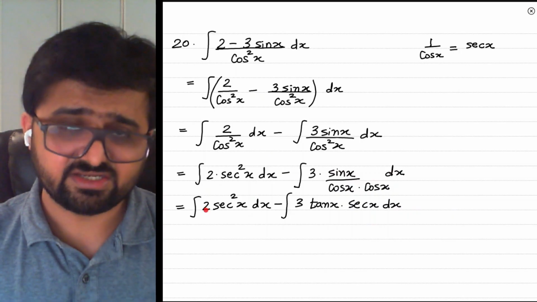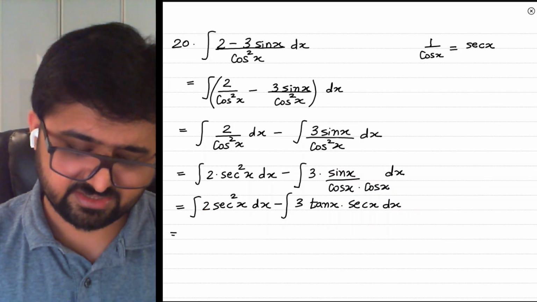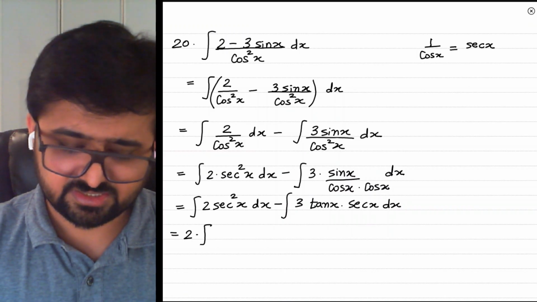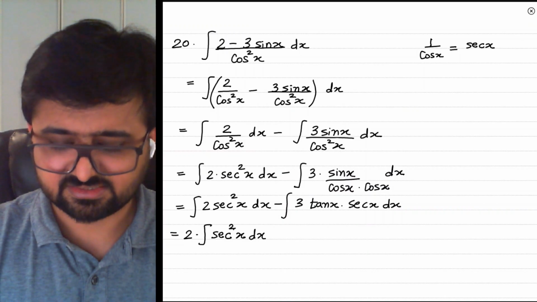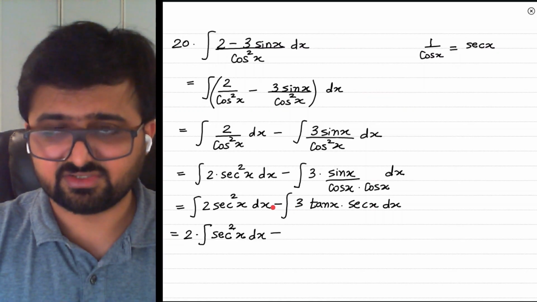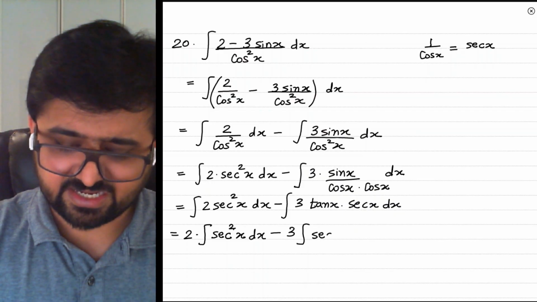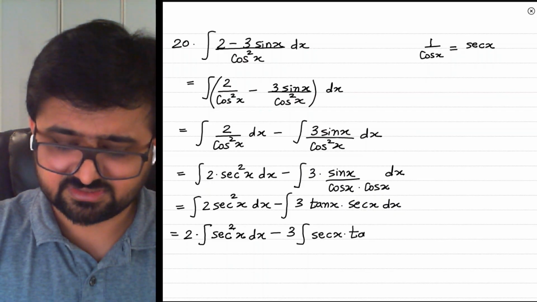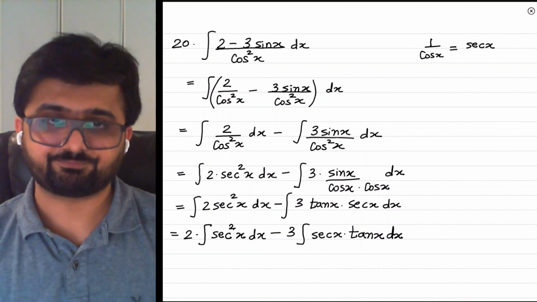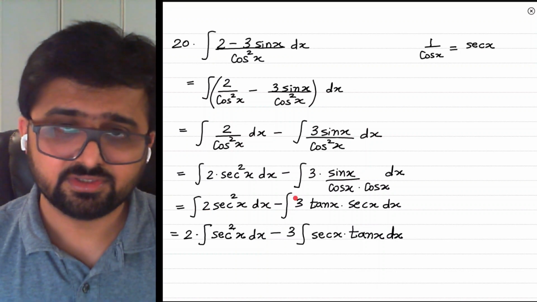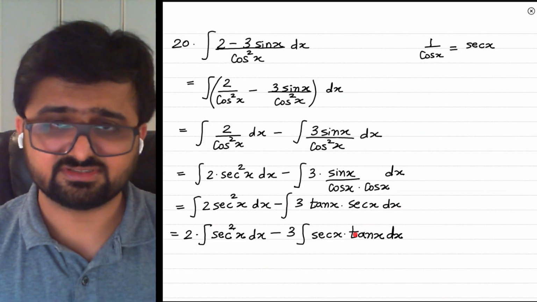Okay, now we can take those constants out of the integral and we get 2 integral of sec square x dx minus, take that 3 out, 3 integral sec x times tan x dx. Okay, so take that 2 out, take that 3 out from this integral and we have this result.